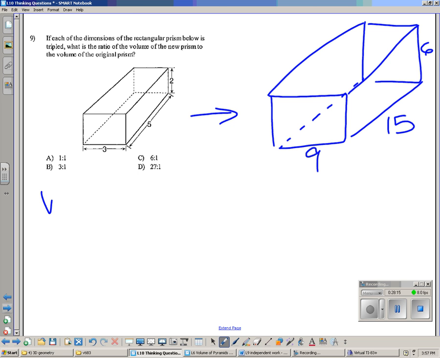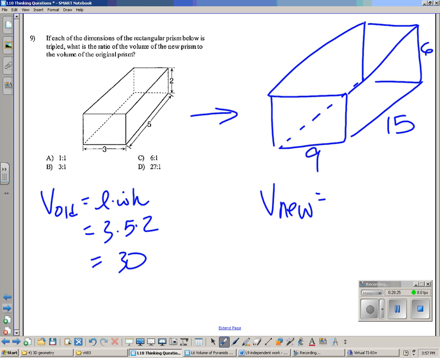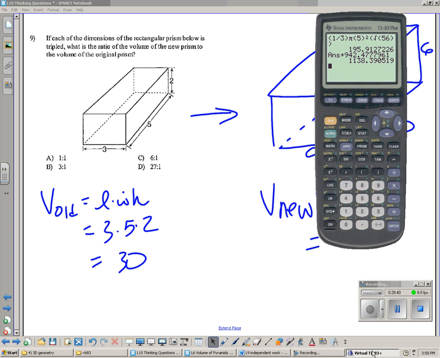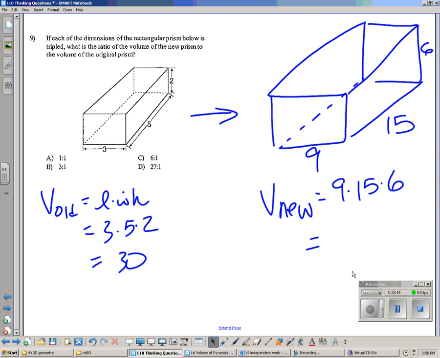The volume of the old is length times width times height of the old. So that's 3 times 5 times 2, which is 30. The volume of the new is 9 times 15 times 6. 9 times 15 is 135, and 135 times 6 is 810.